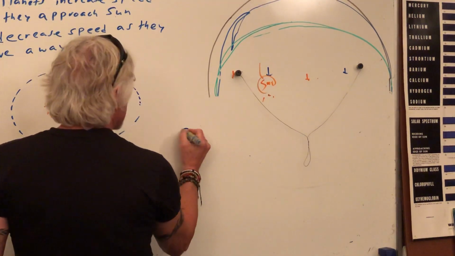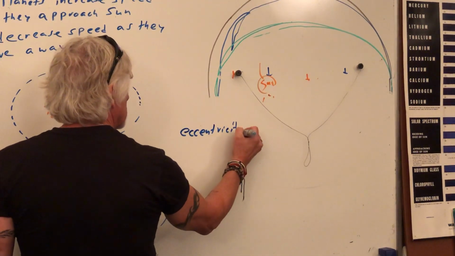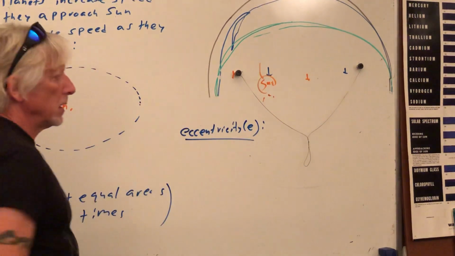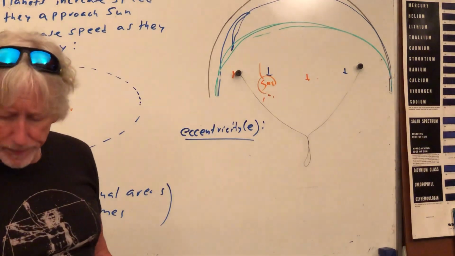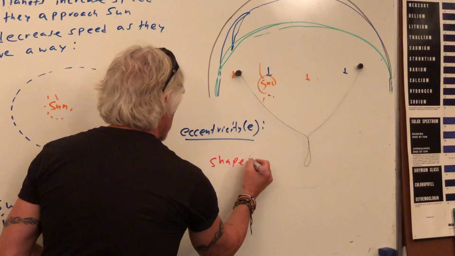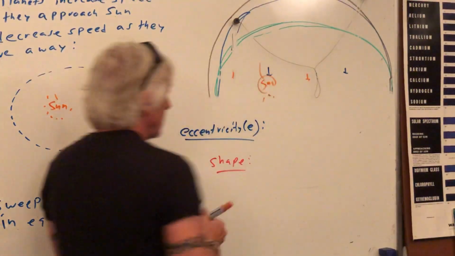We've got the eccentricity, E, and there's a math equation, and again, he did it very mathematically. And then there's the shape of roughly what it looks like. Now this is going to lead to some cool ahas.